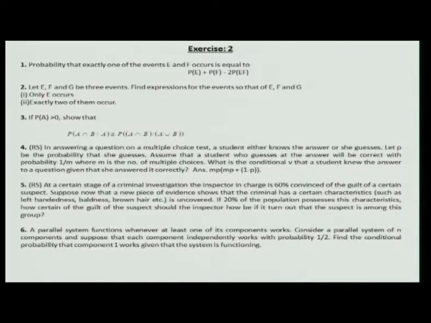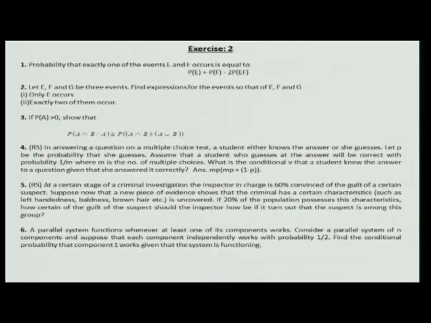At a certain stage of a criminal investigation, the inspector in charge is 60% convinced of the guilt of a certain suspect. So, his conviction is that 60%, that means 0.6, is the probability of the person being guilty.